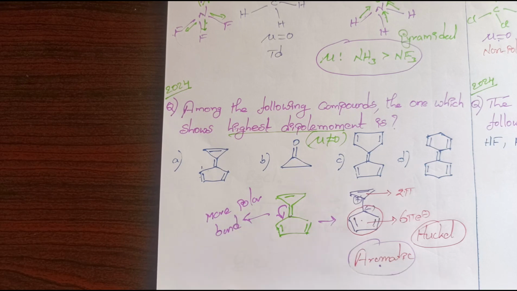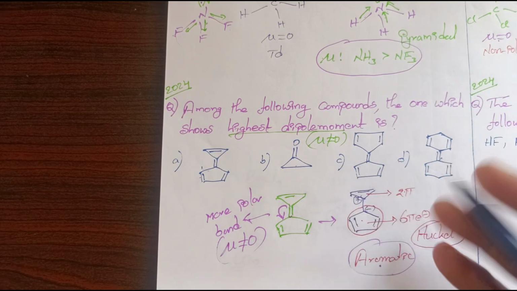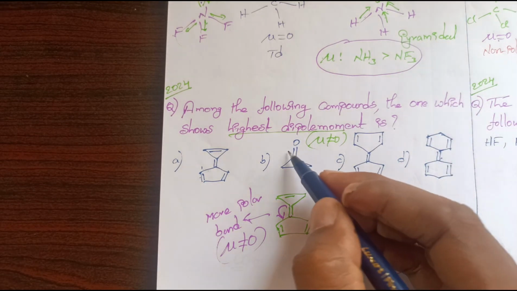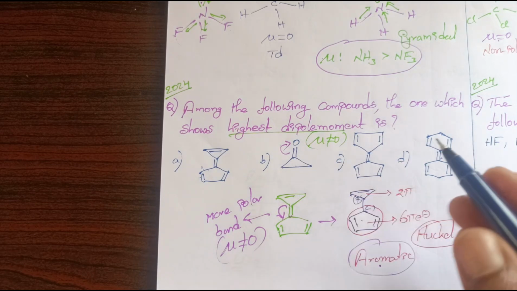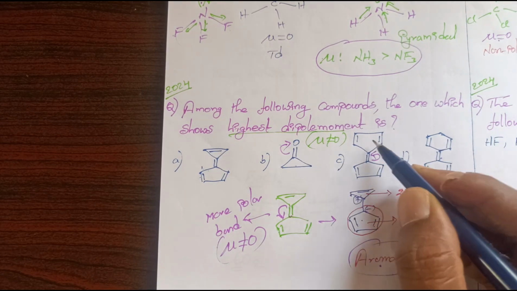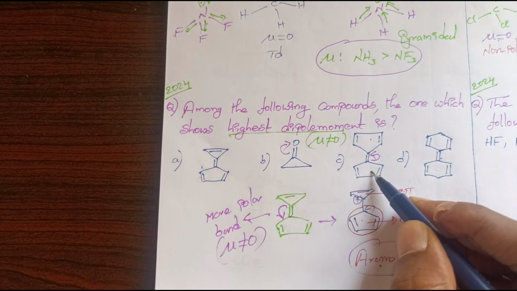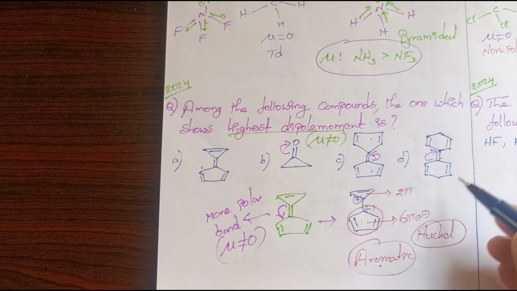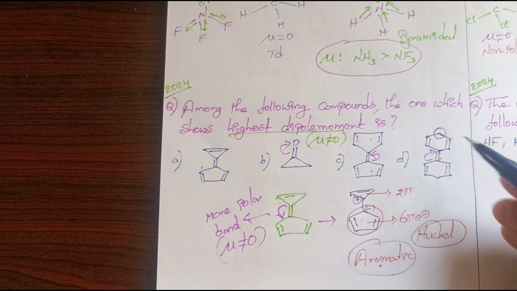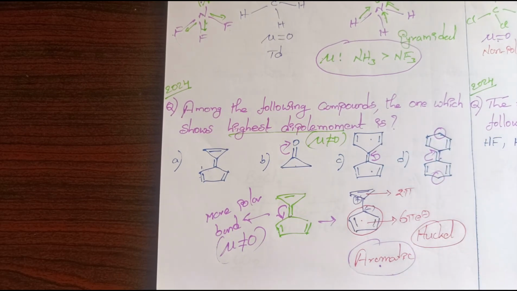More polar means more dipole moment. In the remaining cases, aromaticity is not generated after bond shifting. After bond shifting, one is anti-aromatic, and in the other both are non-aromatic because an sp3 hybridized carbon is present.